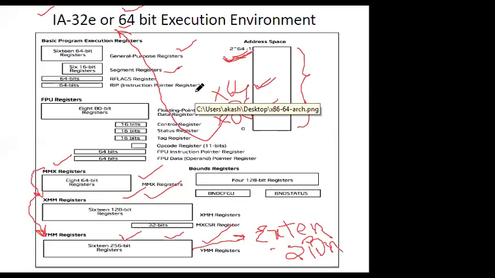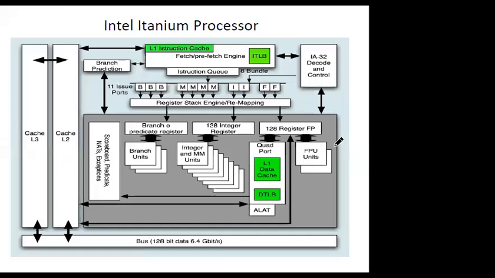So this is just an extended version of the IA32 architecture, and we will see how it works. This is an example of IA64, or cross 64 architecture. This is not cross 86 architecture because it is an independent architecture of 64 bits.